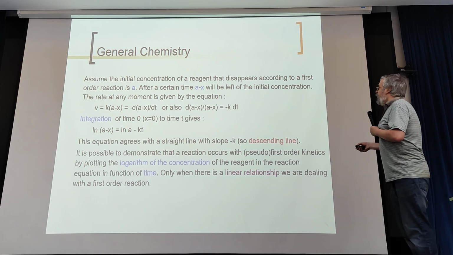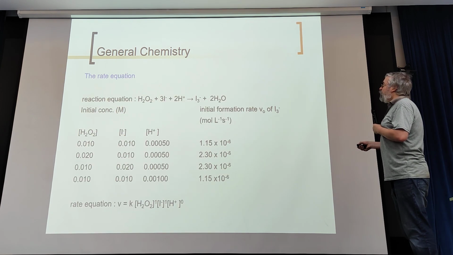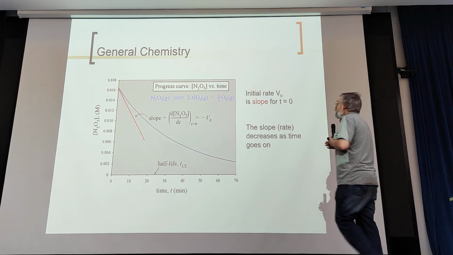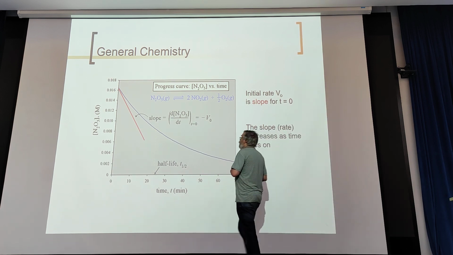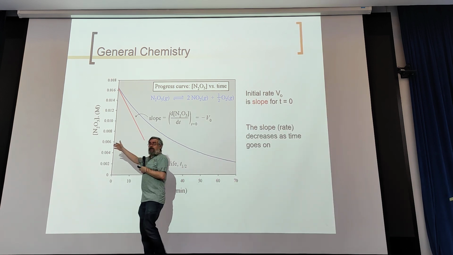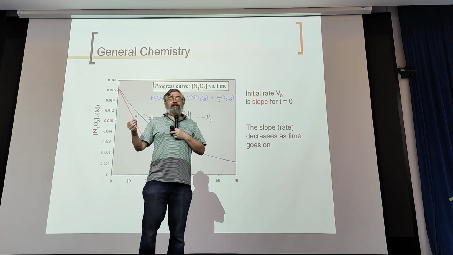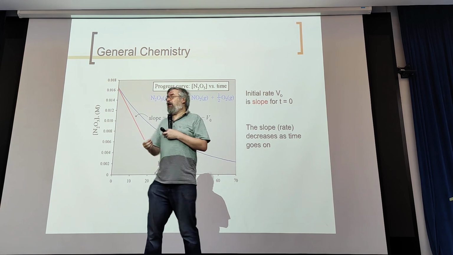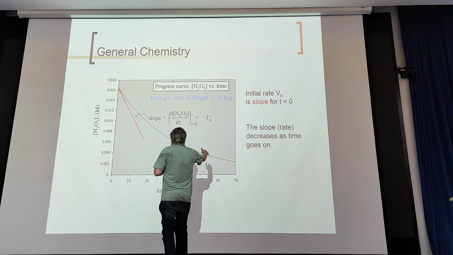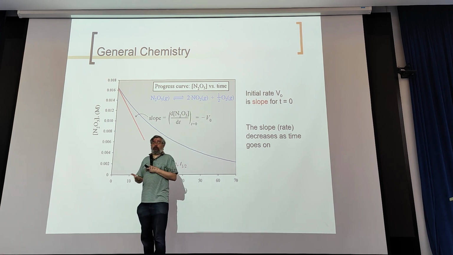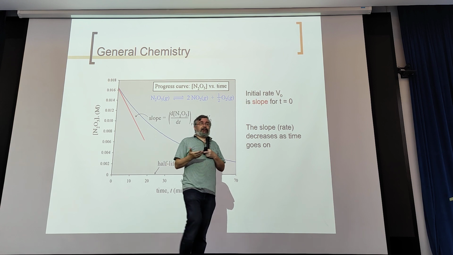If you look at this graph of some time ago, this one here, this is the graph of the concentration, A minus X, as a function of time. Here, it's impossible to know what is the order of that.